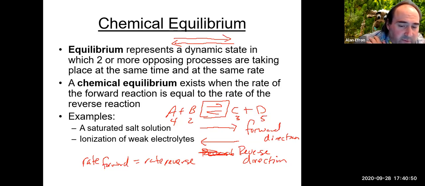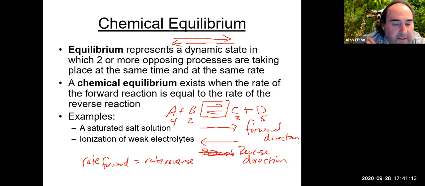What that means is when this reaches equilibrium, A will stay at 4, B will stay at 2, C will stay at 3, and D will stay at 5. Again, they'll go back and forth just as quick as they can, and nothing will essentially change. So just as quick as you go one way, the other way comes back, and it levels out and remains constant all the way through.